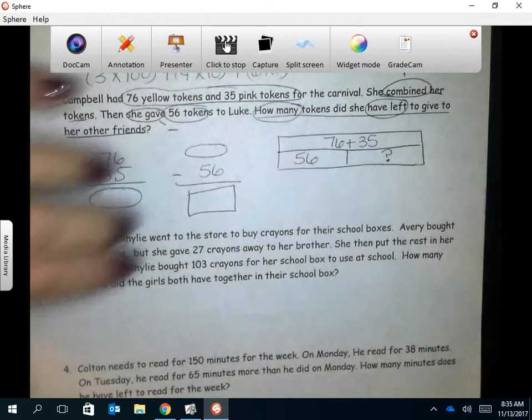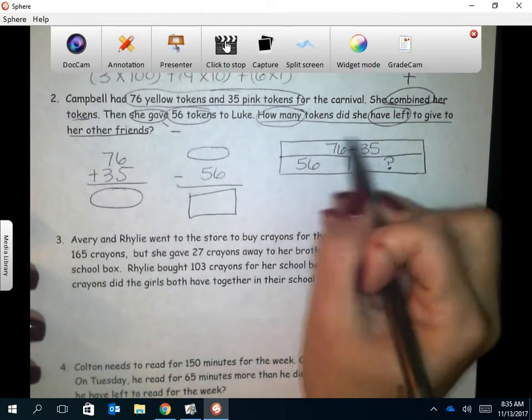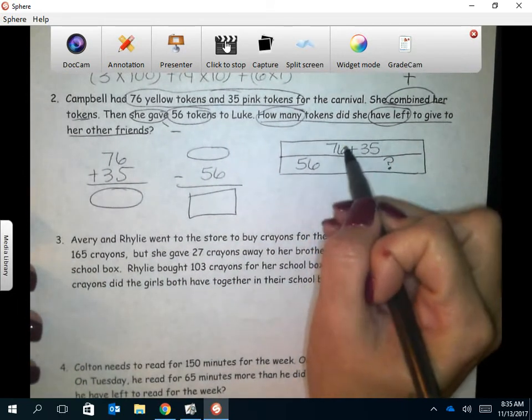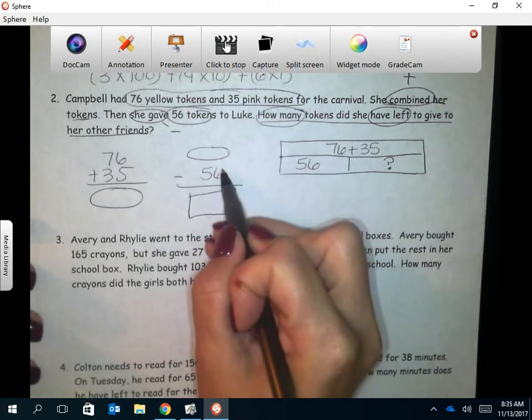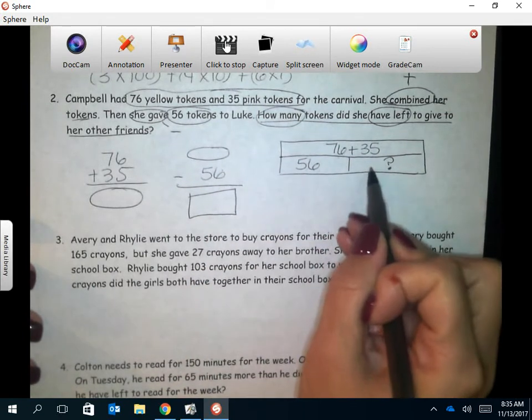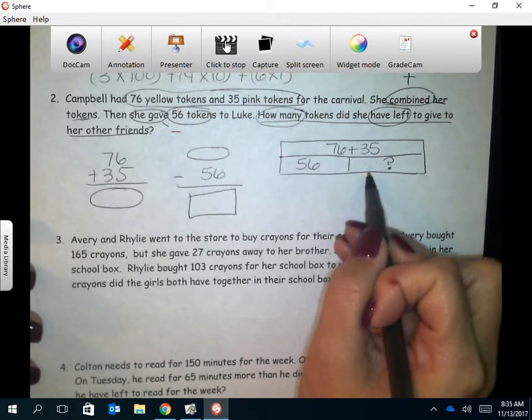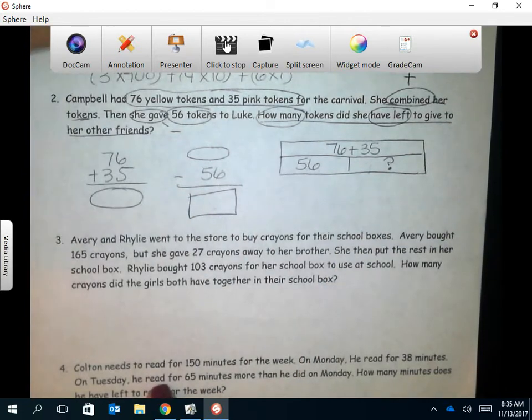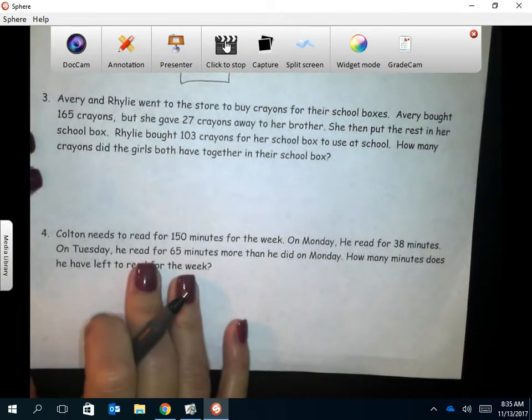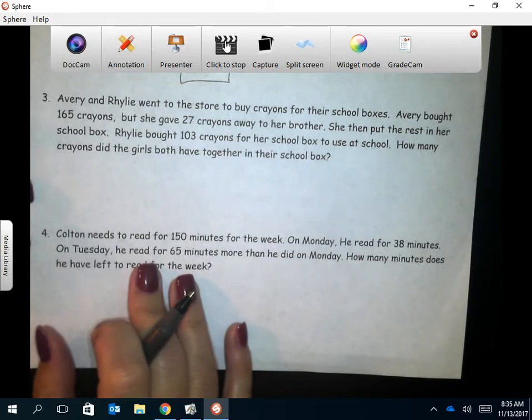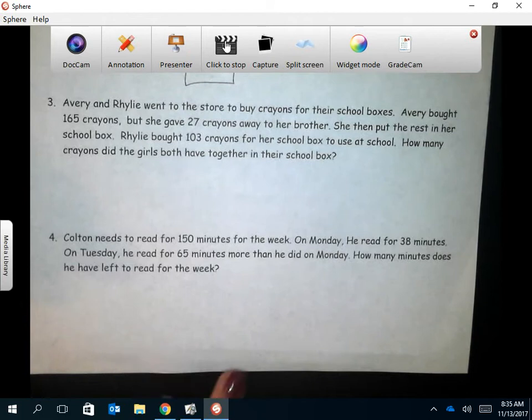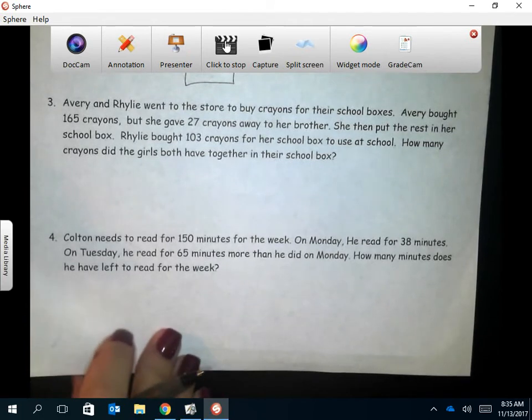So this is what it would look like. This would be the total, whatever you got here. Then you subtract the 56 like you told me, and whatever's left over is how much she would still have to give to her friends. Okay, so number 3 and 4 are also multi-step problems, so I'm looking for that unwrap strategy, and I'm looking for maybe a model or a picture or something to help you determine what you're going to do.